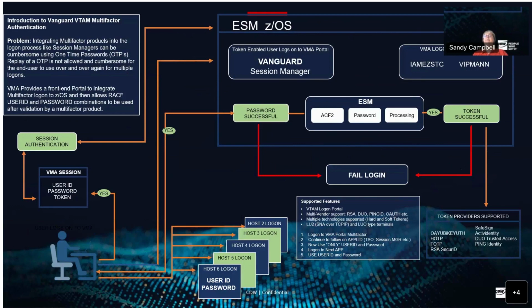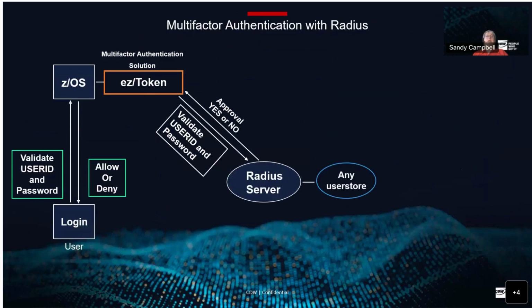So trying to think if there's anything else on here I want to say. You can have multiple sessions that are validated. I think we talked about that in the other slide, so that's good. Here's another example using Radius. You would use your logon, you would get your token.